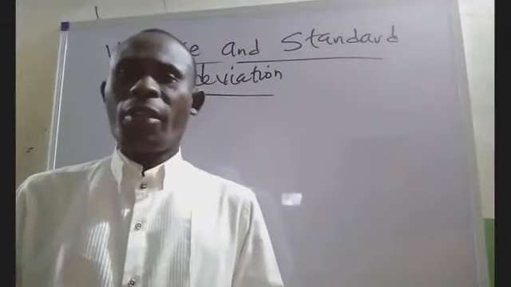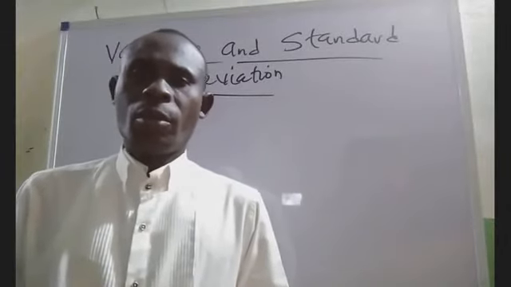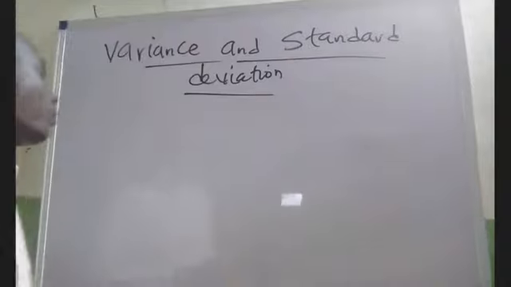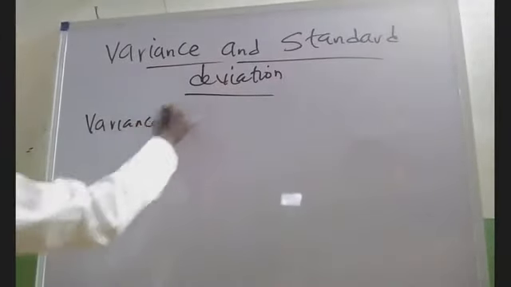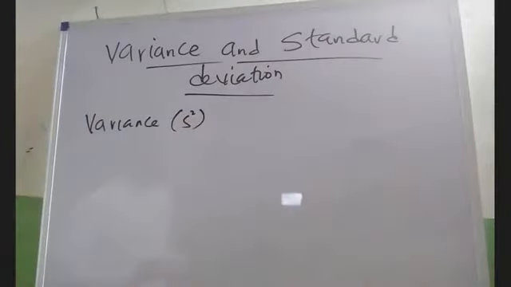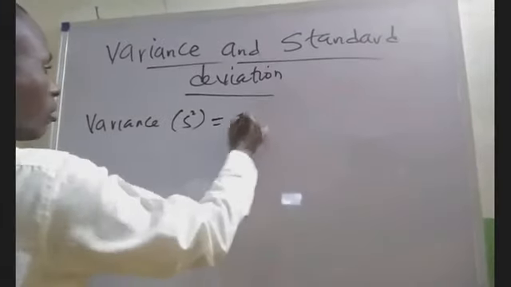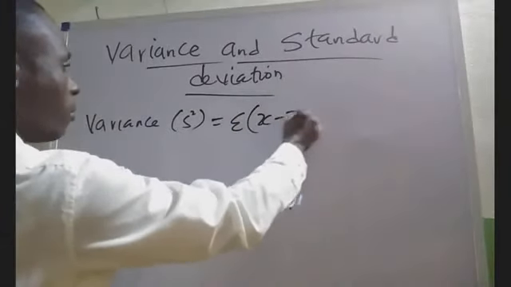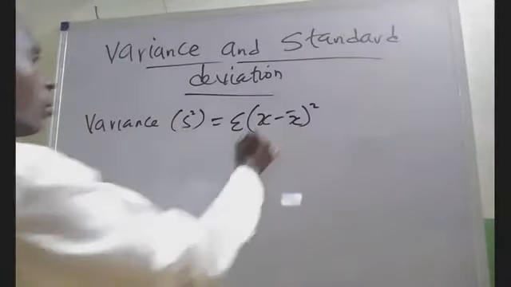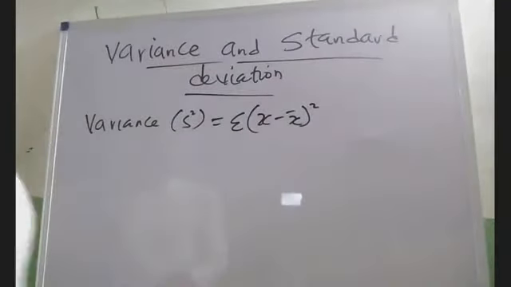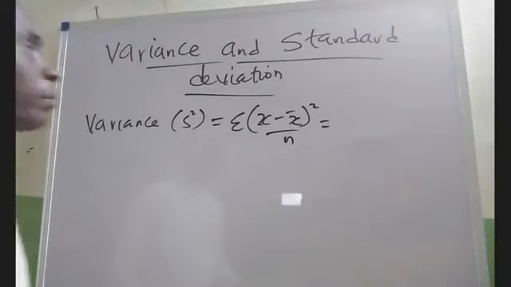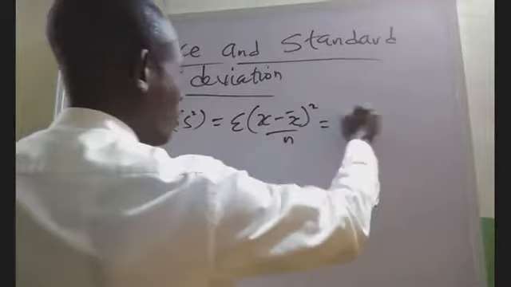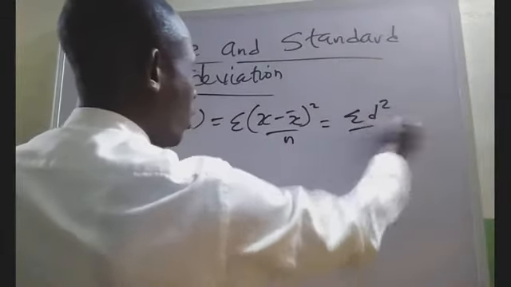And now we are going to be looking at variance and standard deviation. Variance is s squared, and is equal to sigma x minus x bar squared over n. So since d is equal to x minus x bar, we say sigma d squared over n.